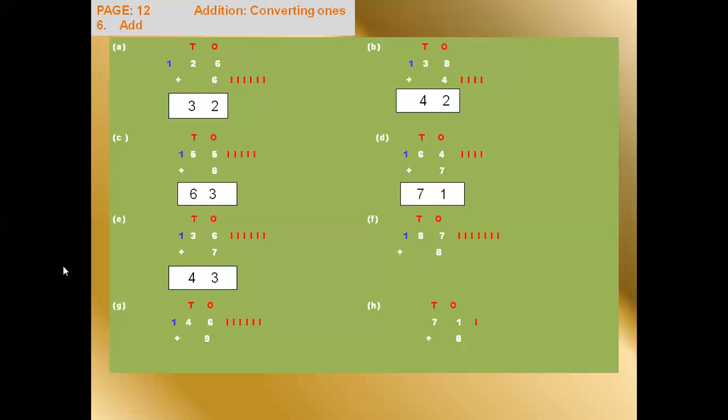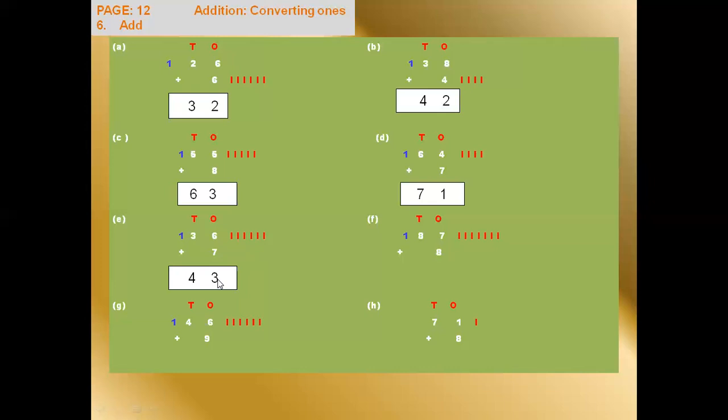E part. 36 plus 7. First we will add 6 plus 7. So 6 is the smaller. We draw 6 lines, 1, 2, 3, 4, 5, 6, and after 7 we count these lines. 7, 8, 9, 10, 11, 12, 13. 13.